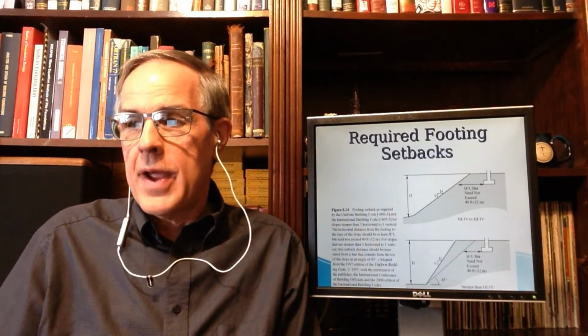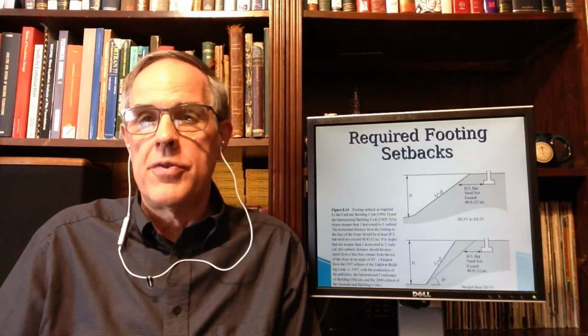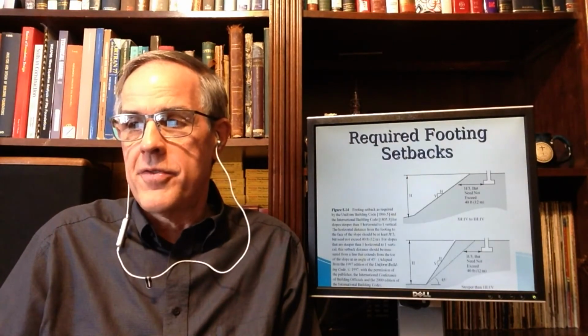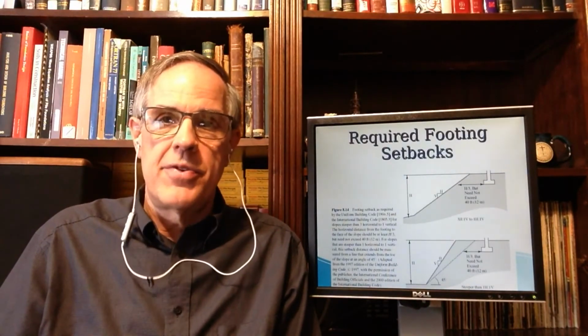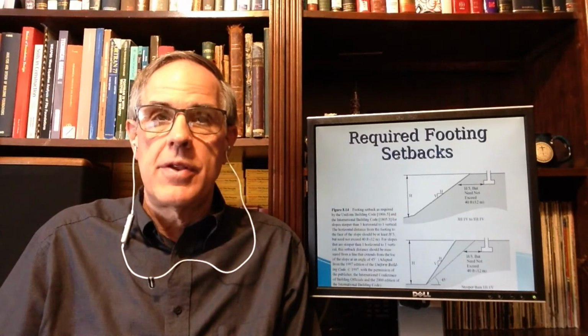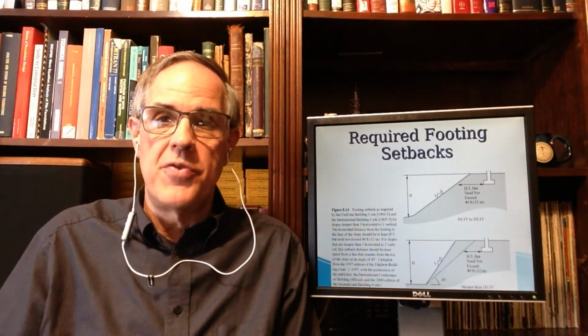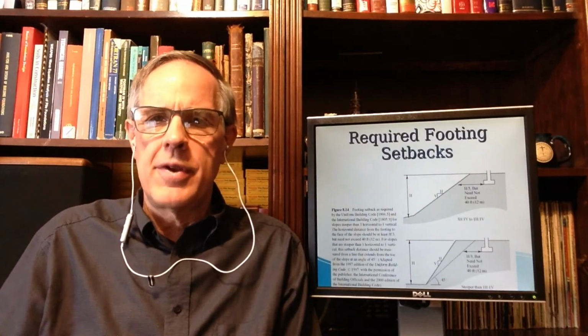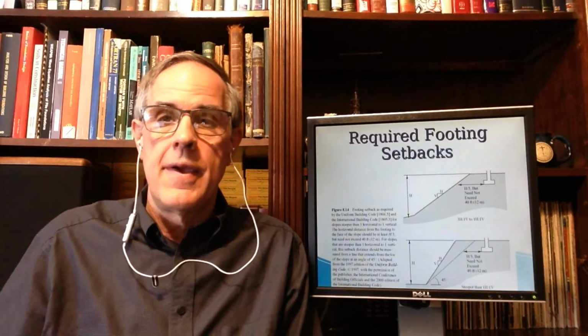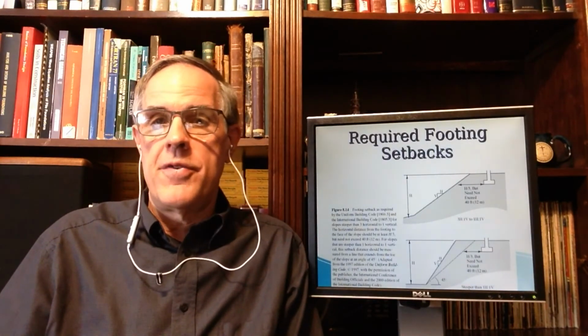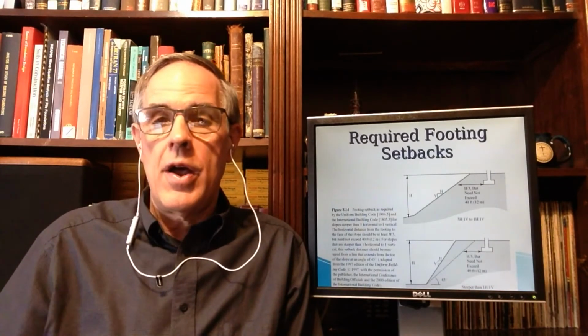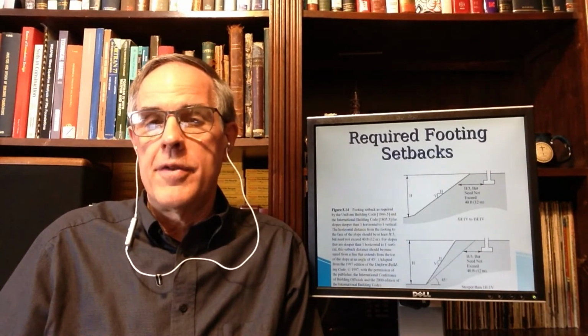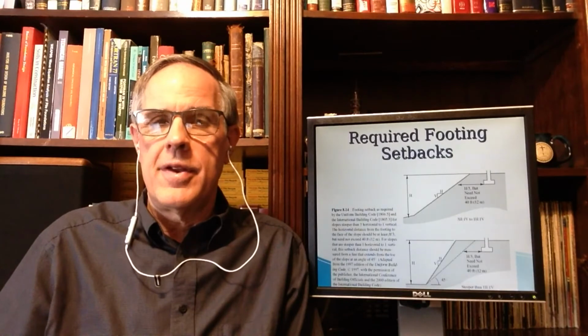And the further back you can, there are certain building codes which require you to set footings back a certain distance in order to meet the code. And that is largely to avoid problems, because most slopes by their nature, and we learned this last semester in slope stability in soil mechanics, are unavoidably unstable up to a point.